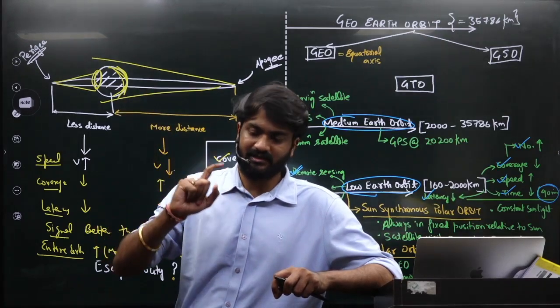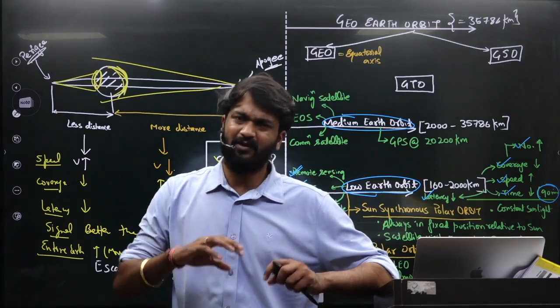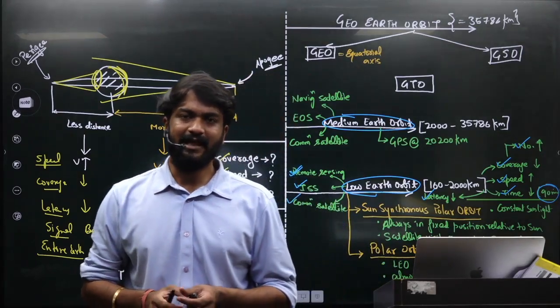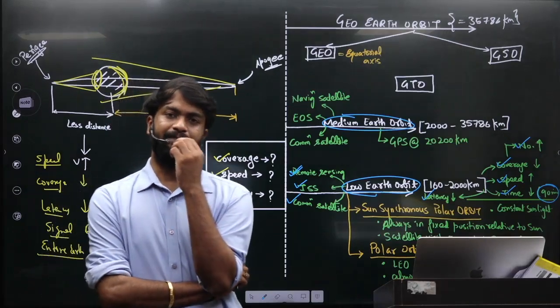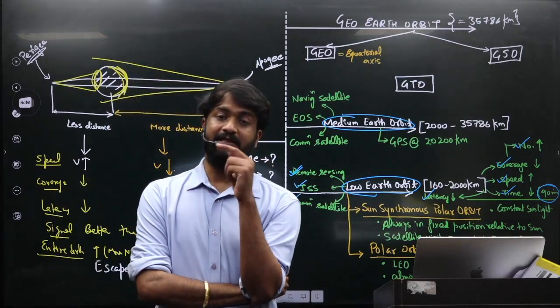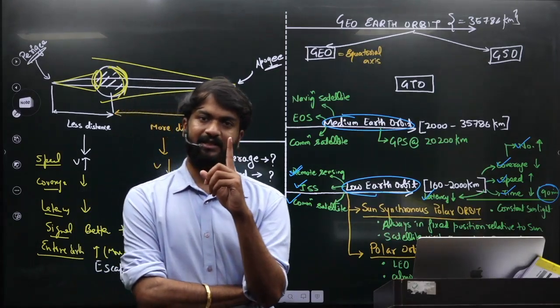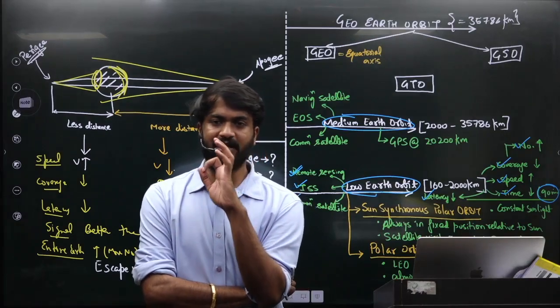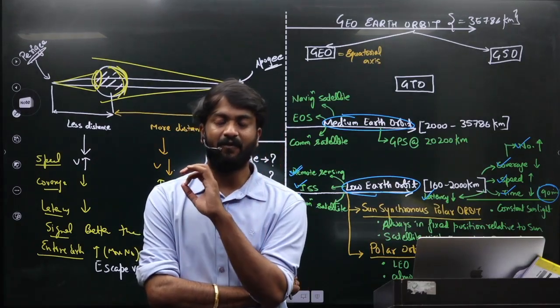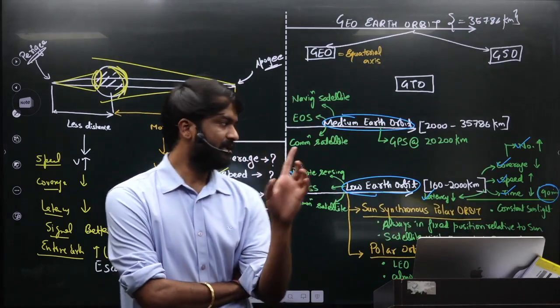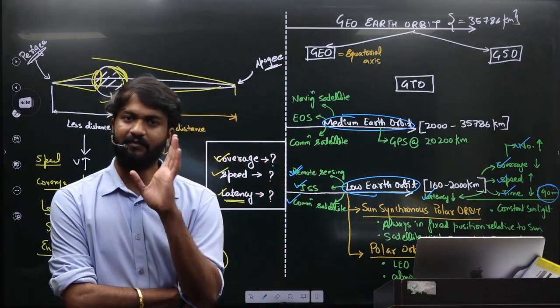So what Elon Musk is doing, and what other people are also doing, is placing the satellites in the low Earth orbit so that latency decreases and speed increases. Are you getting my point? So if the question in the examination says communication satellites are only placed in geostationary orbit, false. They could be placed in the low Earth orbit. We have the example of Starlink.